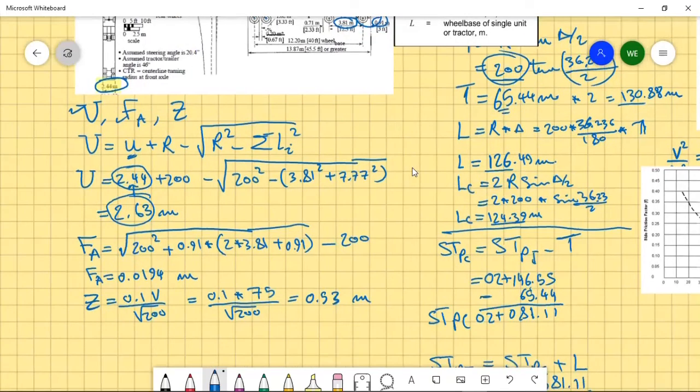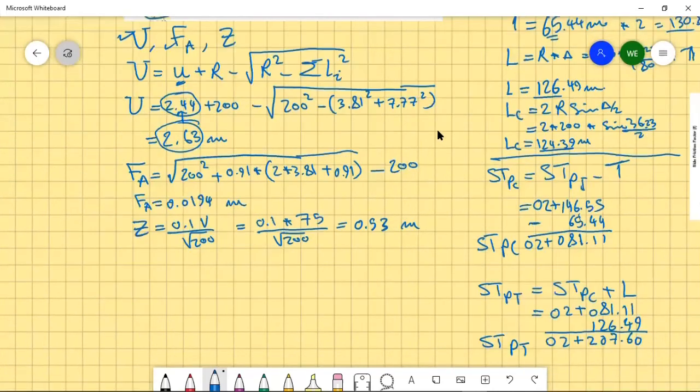So let's calculate now how much we need for the widening. W small equals W curve minus W normal. So what's W normal? W normal is 2 multiply 3.6 equals 7.2 meters.